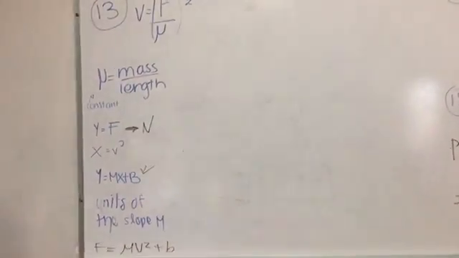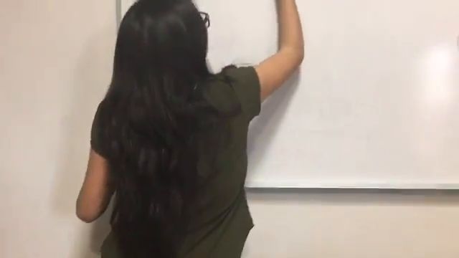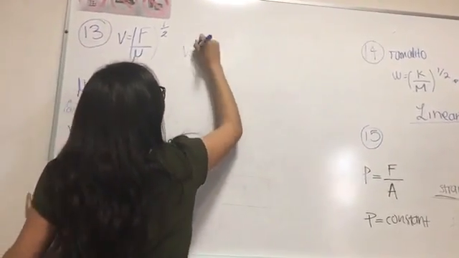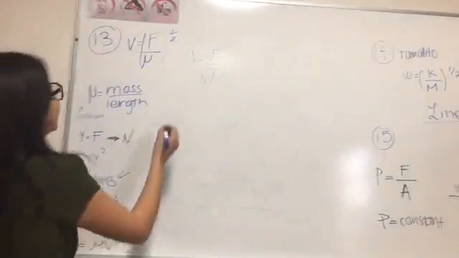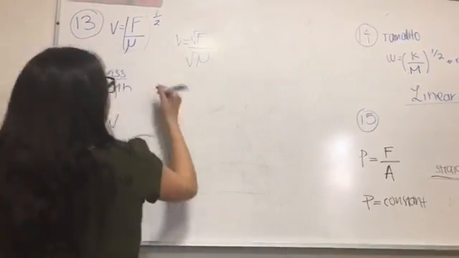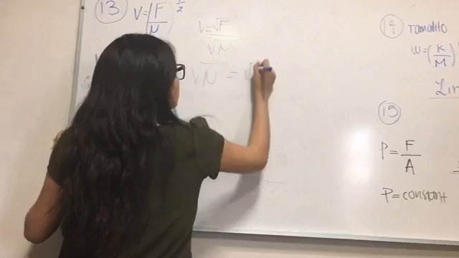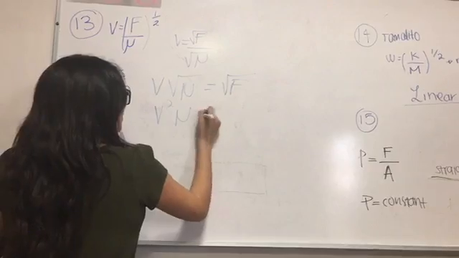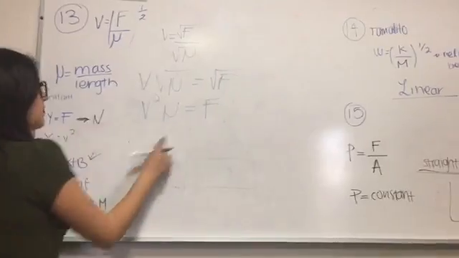So for problem 13, we have this equation, and we are going to find the square root of the values that we have here, that is f and mu. We have to find an equation for f, so what we're going to do is eliminate the square roots like this.